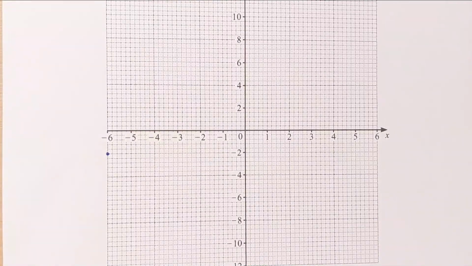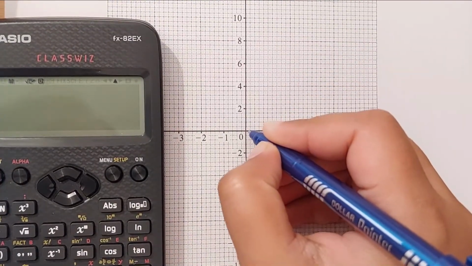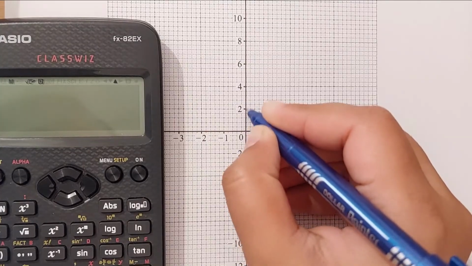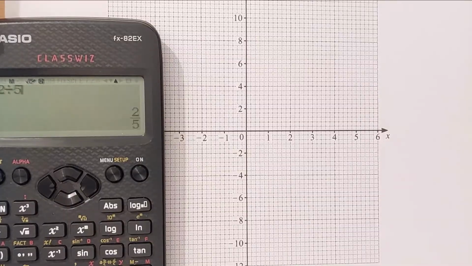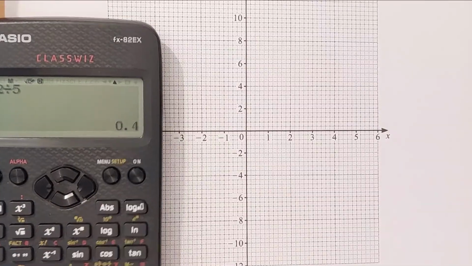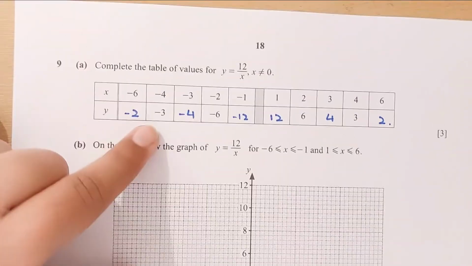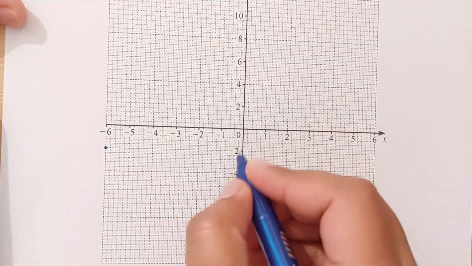Let me find the scale for the y coordinate, right? As you can see, this is 1, 2, 3, 4, 5. 5 blocks, and these 5 blocks represent 2. So 2 divided by 5, each block represents 0.4. Where we have minus 2 here, we need minus 3, right? When x is minus 4, y is minus 3. Where is minus 3?